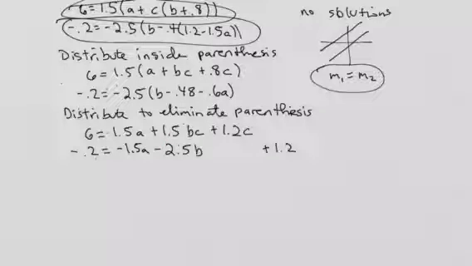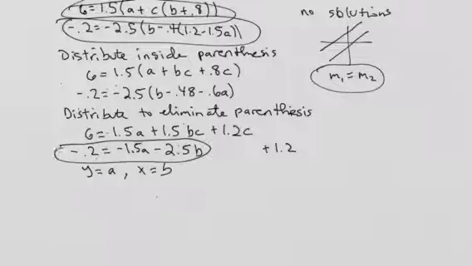Well, I want to work with equation 2, that's to say this equation, so that I can solve it in the sense of y equals a and x equals b. So I'm going to solve for a, and then I'll think of it in terms of y equals mx plus b. So taking this equation and solving for a, I'm going to add 1.5a to both sides, and I'm going to get 1.5a.